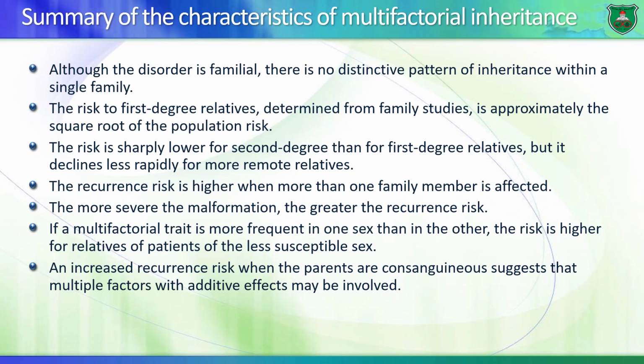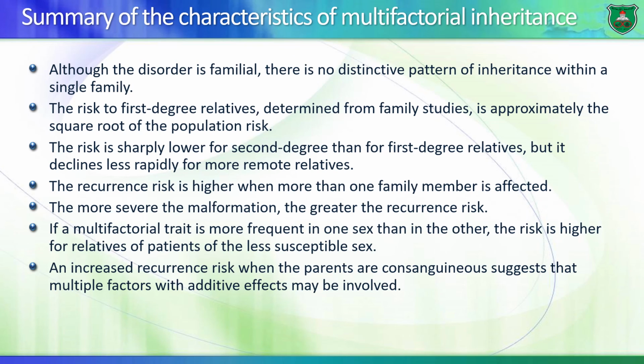So the idea is that if there is a certain condition and it exists in 1 in 1,000 in a population, then first-degree relatives would have a 3% chance of developing that condition if it exists in that family, or if a first-degree relative is affected.